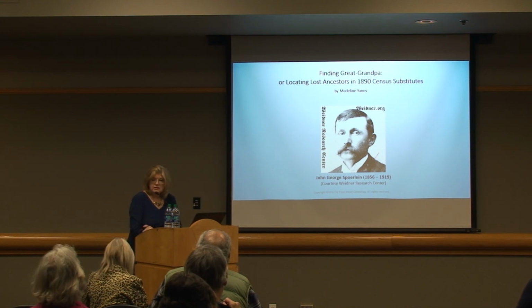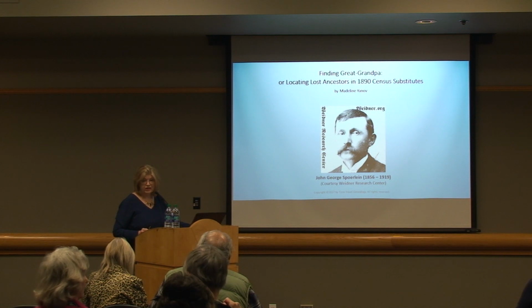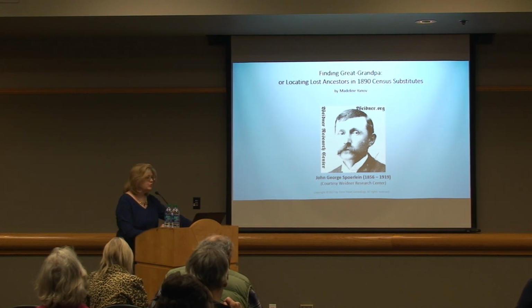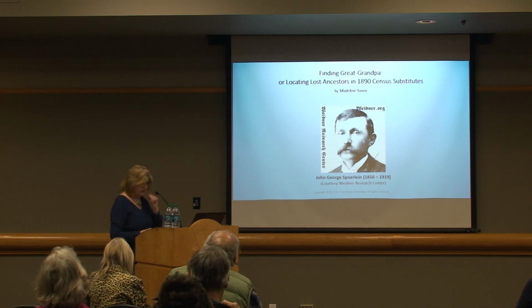No 1890 census means no 1890 facts. So we're going to have to use alternative facts. Now, these are not fake facts. These are true facts, just so you know. And that's what I'm going to do today, is show you where to find these alternative sources and the answers to your ancestors.